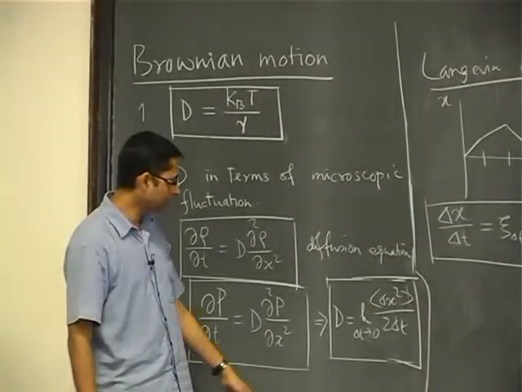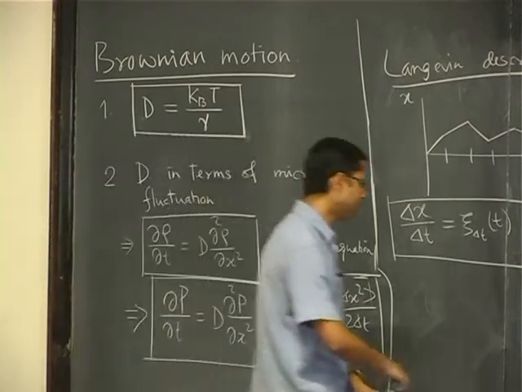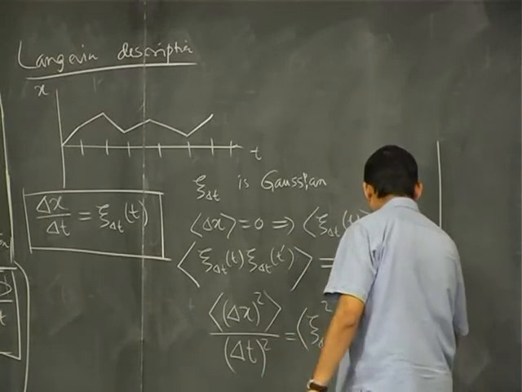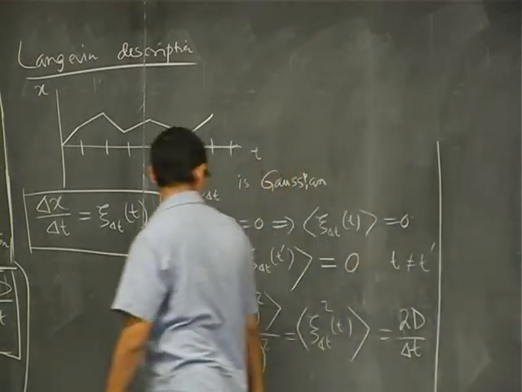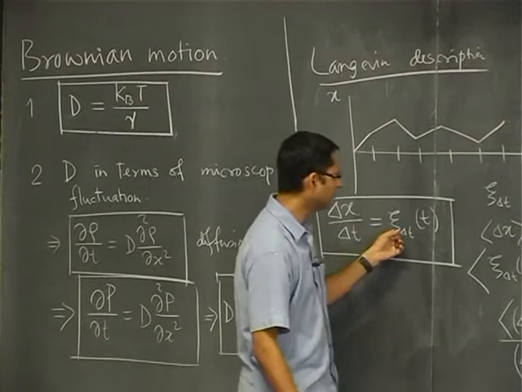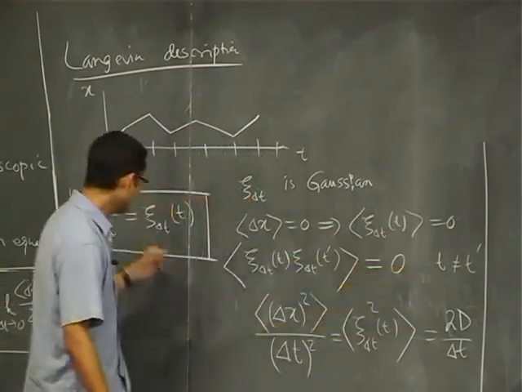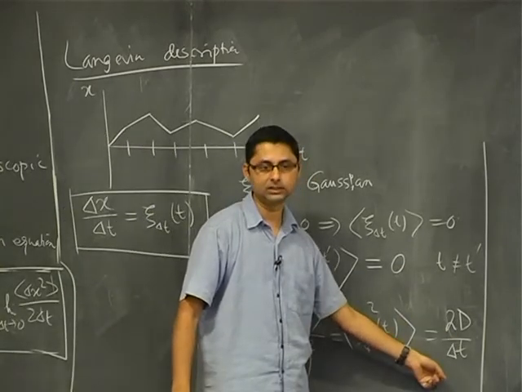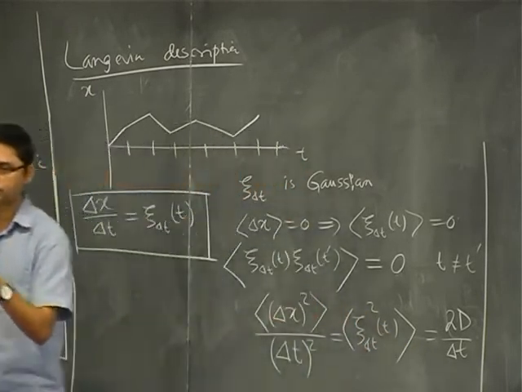This is equal to 2D delta t, therefore this is equal to 2D divided by delta t. So I have a noise whose mean is 0, which is uncorrelated, and at the same time the variance of the noise is 2D over delta t, when I break into steps of delta t.